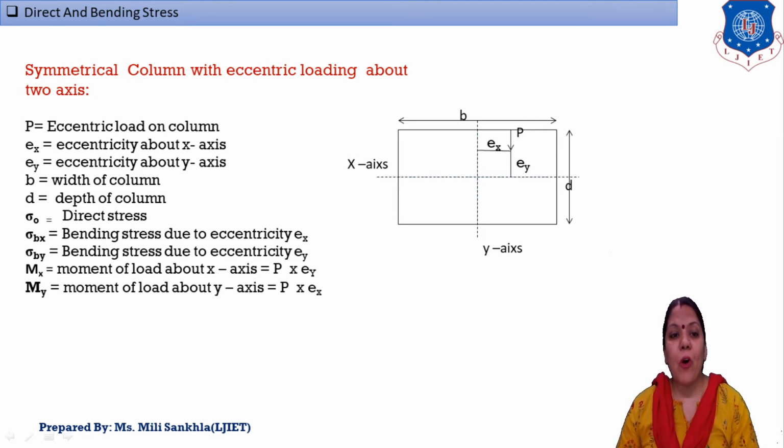Mx is the moment, and this moment is equal to load into eccentricity. If we find Mx, then I take the eccentricity about the y-axis, and My is equal to P into x. This term I will explain at the time of the example.